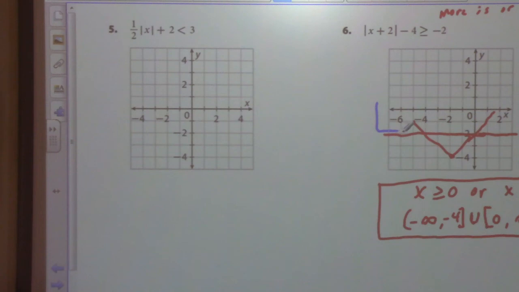If we scope in on it like this, in this blue box is where the thing is above this line, which happens when x is greater than or equal to 0, or less than or equal to x equals -4. So -4, comma, -2, and 0, comma, -2, those are the boundary points.